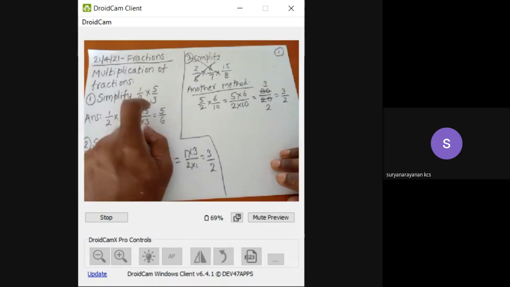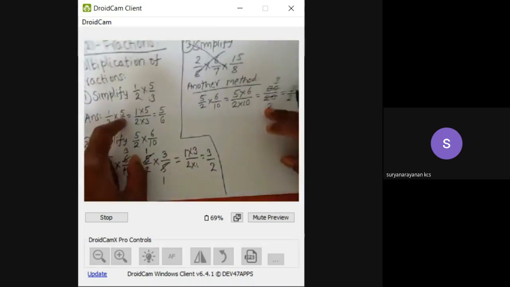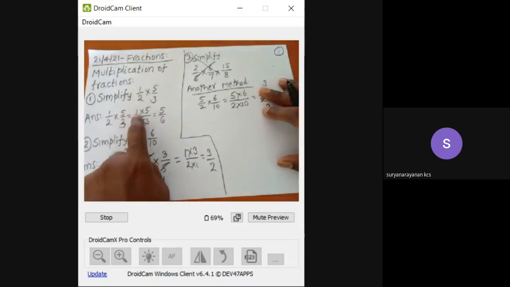You have to check any numerator and any denominator. We cannot cancel any numerator and denominator by any table. So in this case, we multiply numerator into numerator. The numerators are 1 and 5, so 1 into 5, divided by the denominators, 2 into 3.